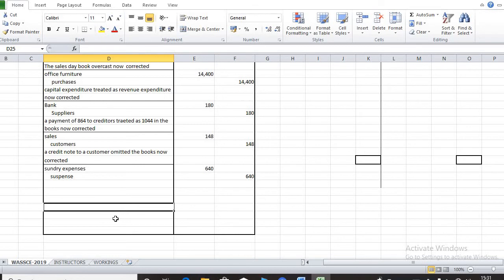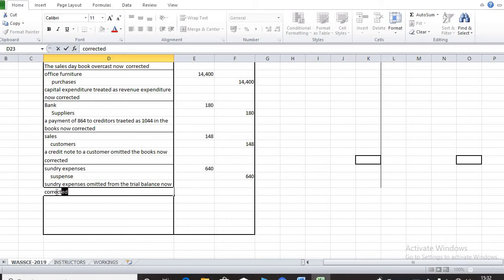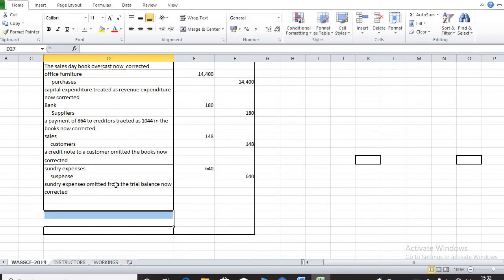When you are done, you have to give a narration, and the narration you can give here can be: sundry expenses omitted from the trial balance, now rectified, or now corrected.